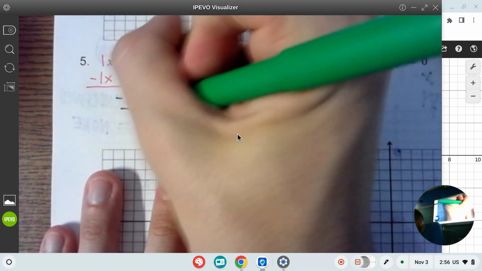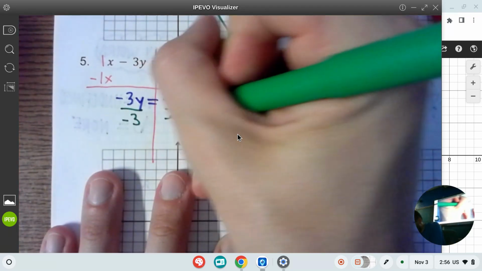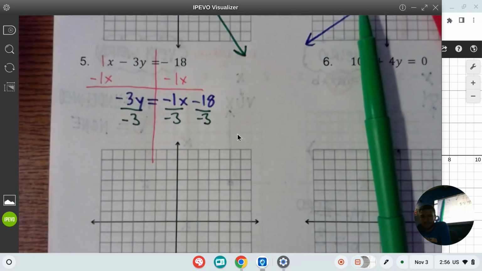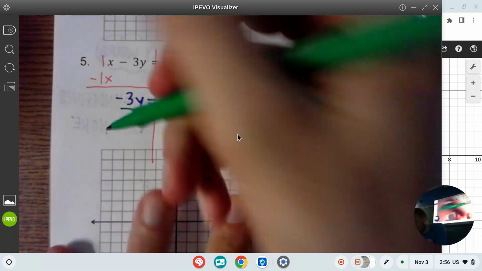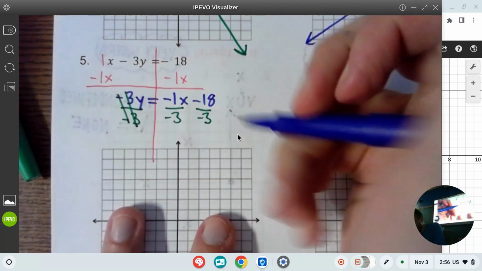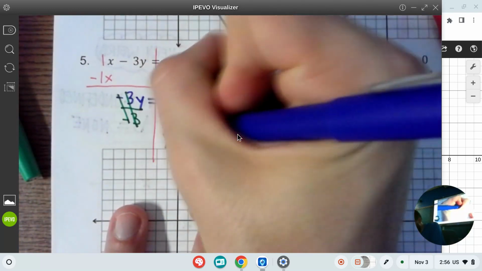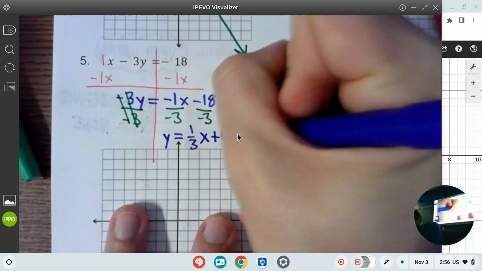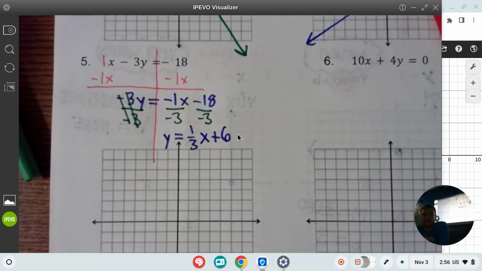We're going to divide by -3. And dividing everything by -3, we will get a final equation of y equals 1/3 x plus 6. Again, you can use Desmos to type those things in.